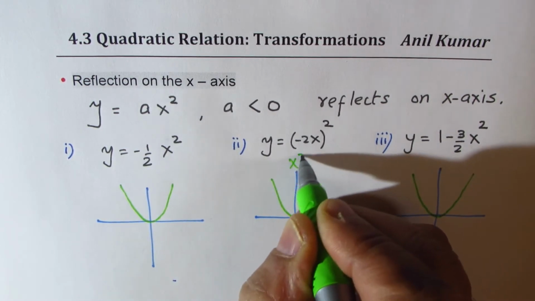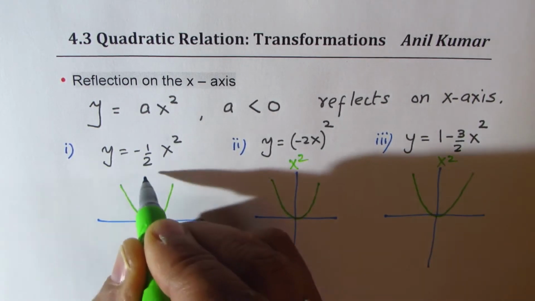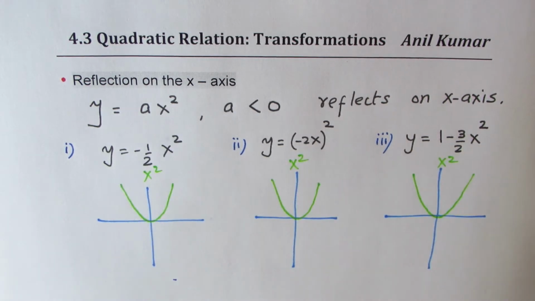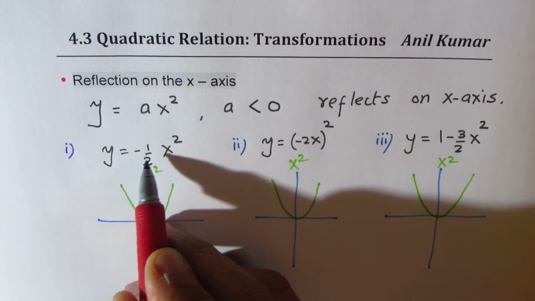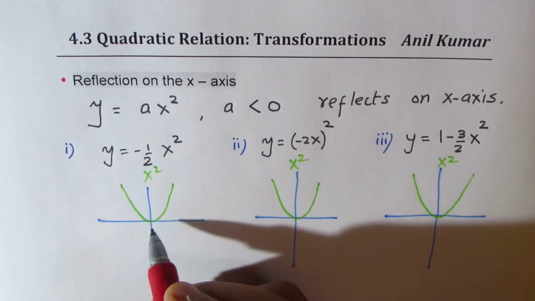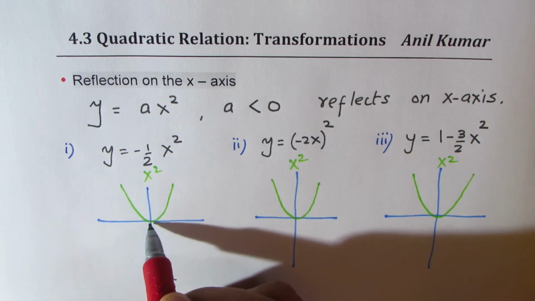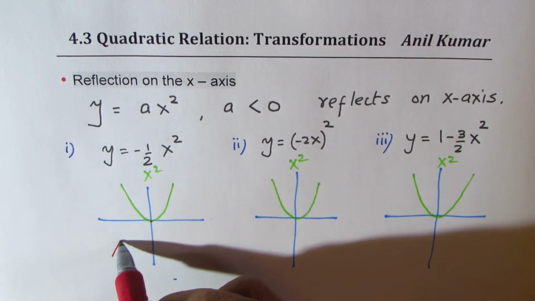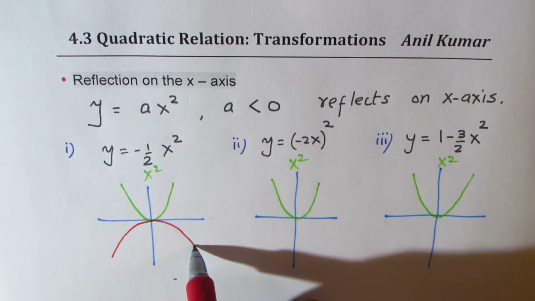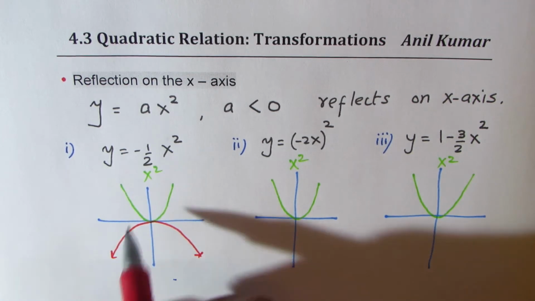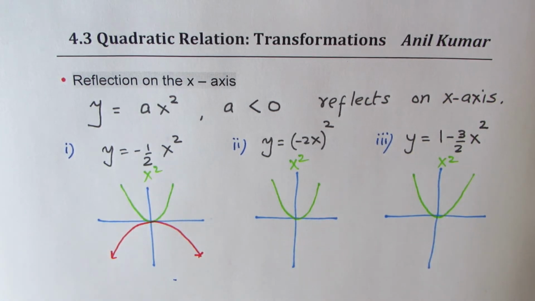So this is x squared. Based on this, let us see how to sketch this part. Minus means it gets reflected and half means it gets compressed. So it should be kind of like this. Does it make sense? Correct?